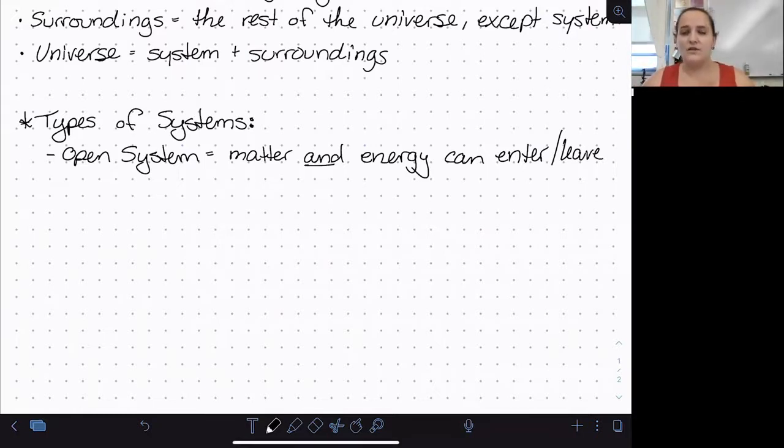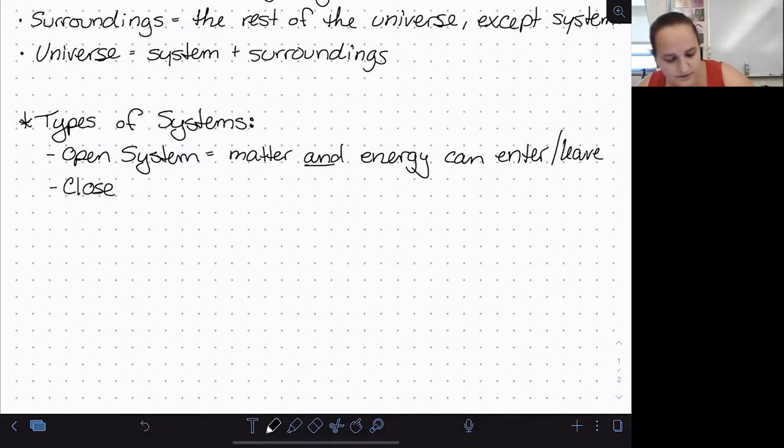Open systems are not really useful for thermodynamic study because the amount of matter in them is not constant. If the amount of matter isn't constant, the amount of energy being transferred into or out of the system isn't as easy to measure and isn't as meaningful if we can measure it.